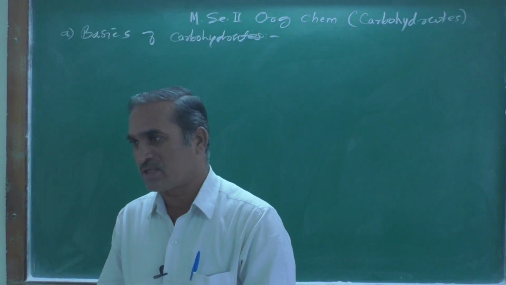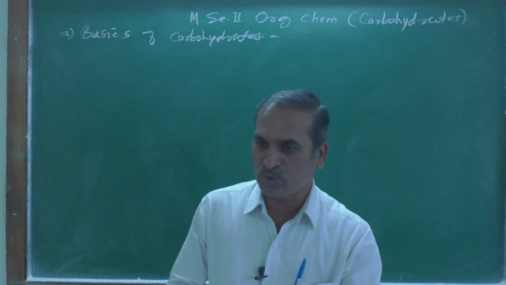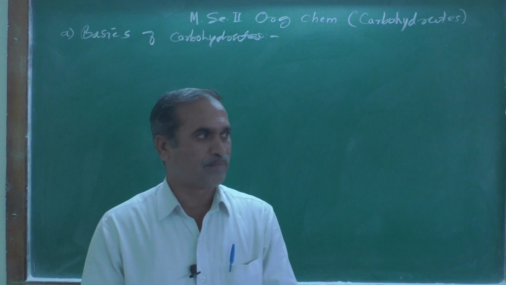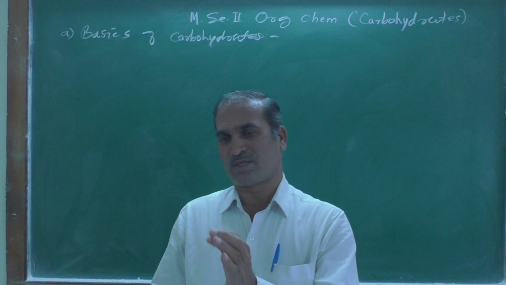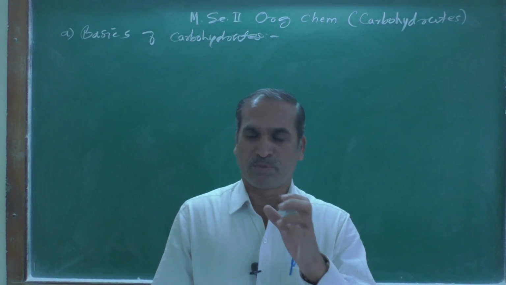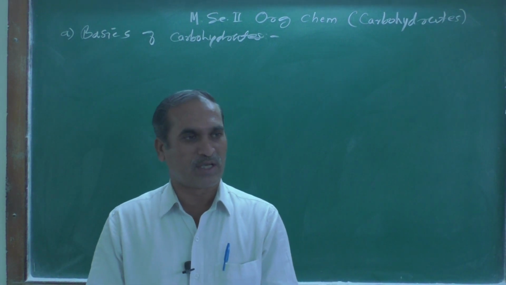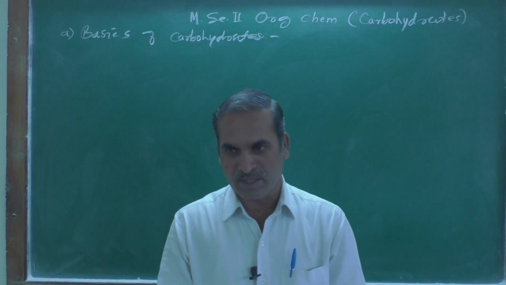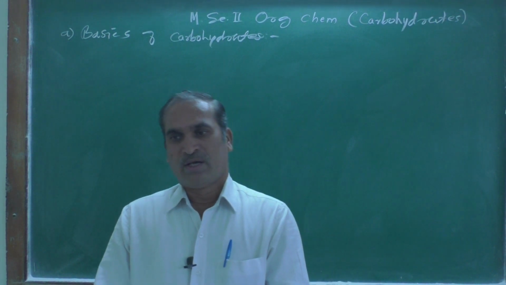Generally two nomenclature systems are used: one is called the common name system and the other is the IUPAC nomenclature system. The full form of IUPAC is the International Union of Pure and Applied Chemistry.